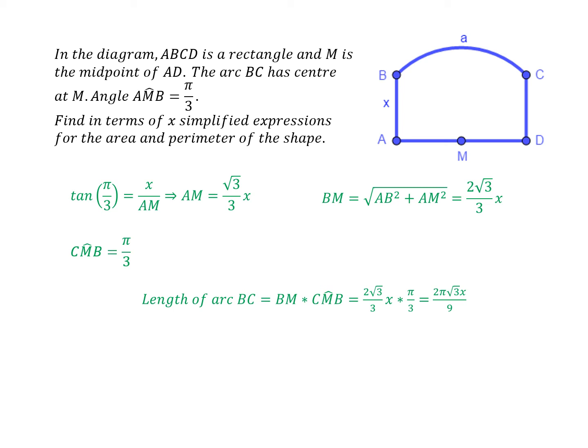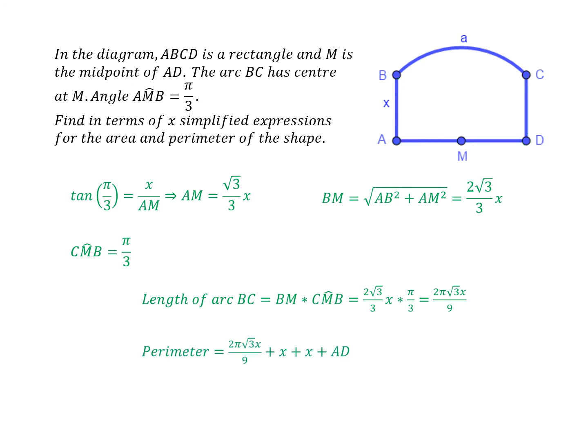So when we put in the expressions for BM and CMB, we get this rather untidy looking expression for the length of the arc, and then we simply add the length of the arc to these two sides and the base.